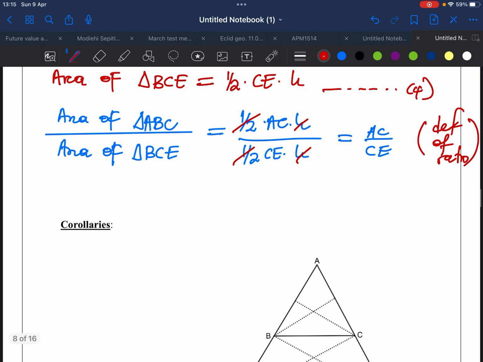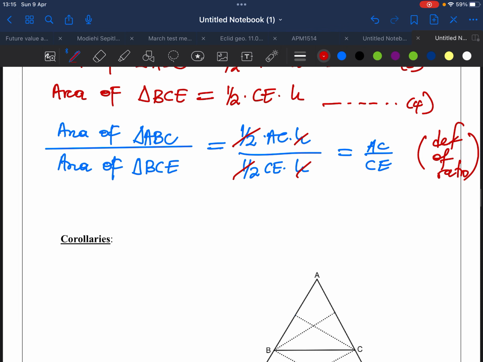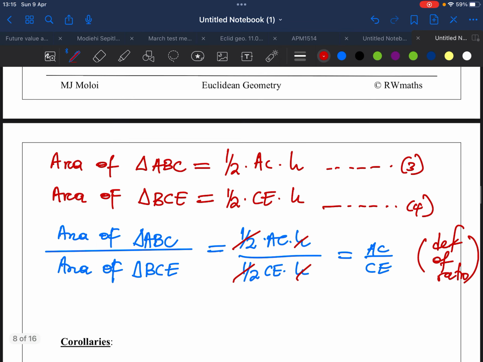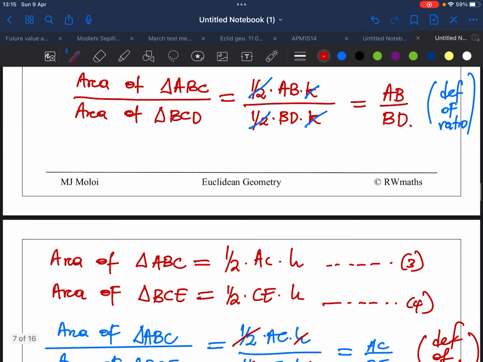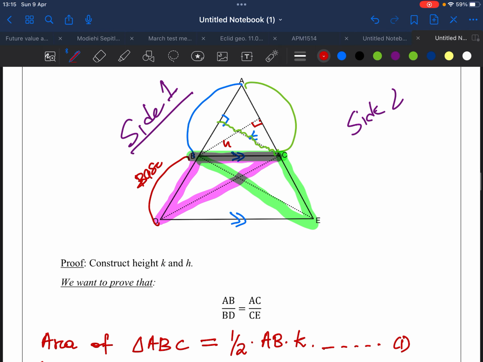We are not done yet. Let us proceed. We have another piece of information about triangle BCD and triangle BCE. Check those two triangles, BCE and BCD.